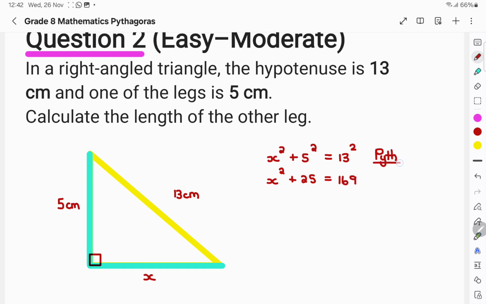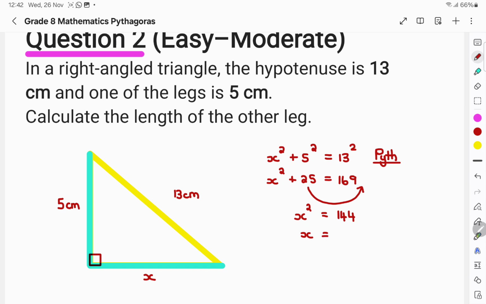Remember to write Pythagoras every time. Now we're going to pick up that 25, throw it over to the other side. It's going to become minus 25, or basically we want x squared alone, and then we subtract 25 on both sides. So 169 minus 25 gives me 144.